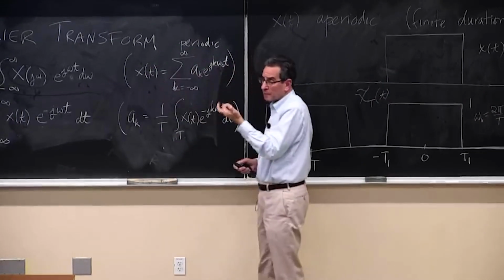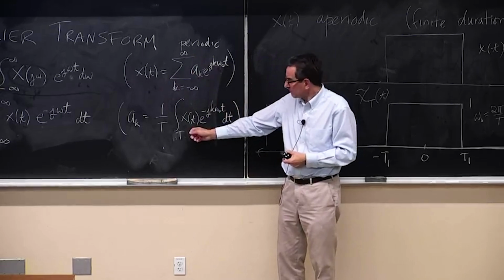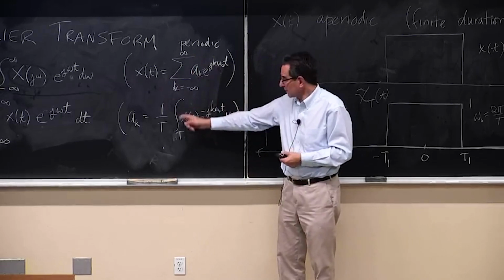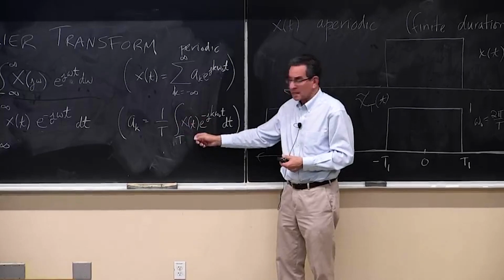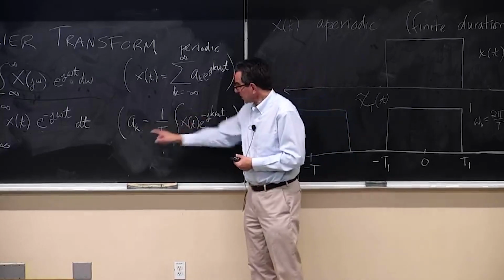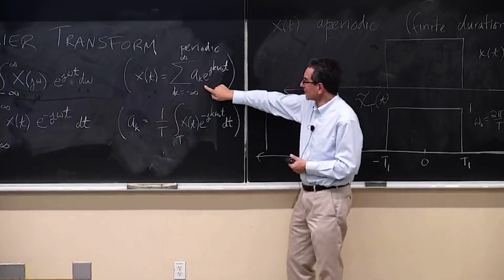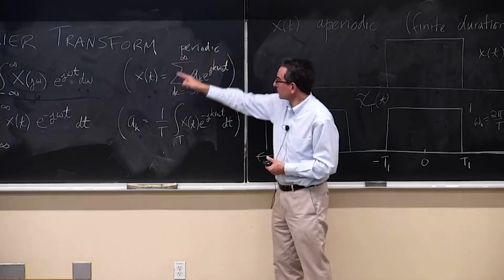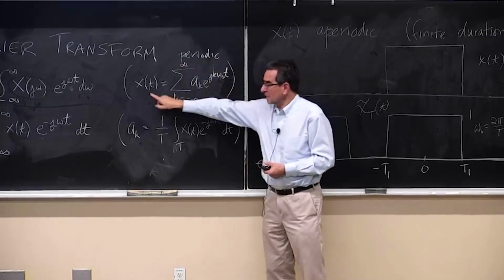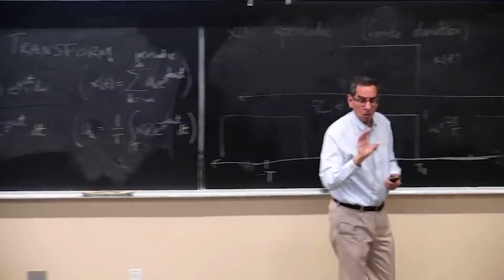In other words, if we take a periodic signal that's well behaved and plug it into here, like if it's finite energy, so if the integral of magnitude of x squared over one period is finite, we can evaluate this and get the a sub k's. If we plug them into here, what we'd like to say is that this infinite series, evaluated at a particular value of t, is actually going to give us x of t. And what we saw is that it's not quite that simple.